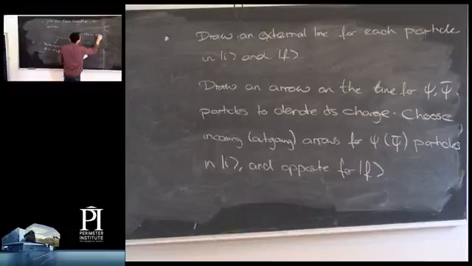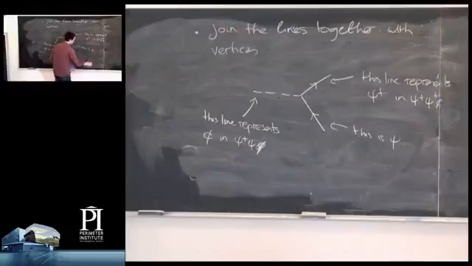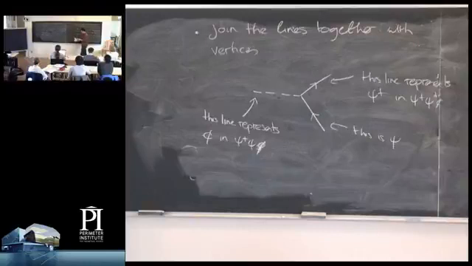This line represents psi dagger in the interaction, and this line represents psi. The reason we've got a trivalent vertex is precisely because our interaction term was cubic in fields.